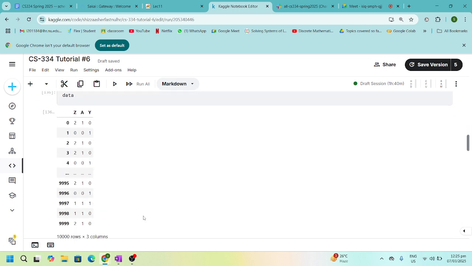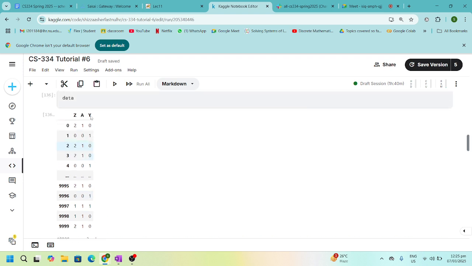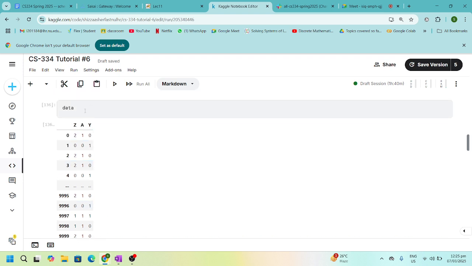This is what we have. Using our data generating process, which I will circle back to, we have generated 10,000 rows across these three variables, Z, A, and Y. I can quickly show you the unique value counts for each, to show you that the distribution remains roughly the same.